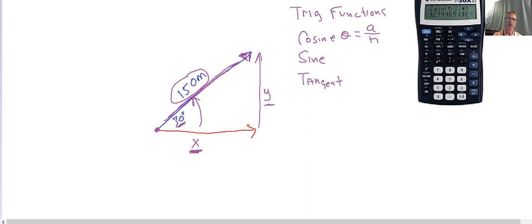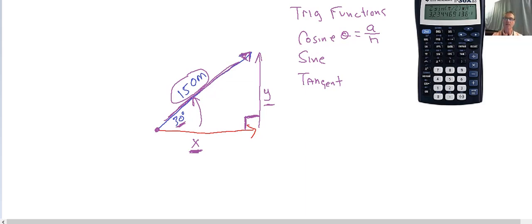And by the way, trig functions primarily work with triangles, so that's what we're working with here. We have a 90-degree triangle here, so that's another basic tenet of trigonometry.